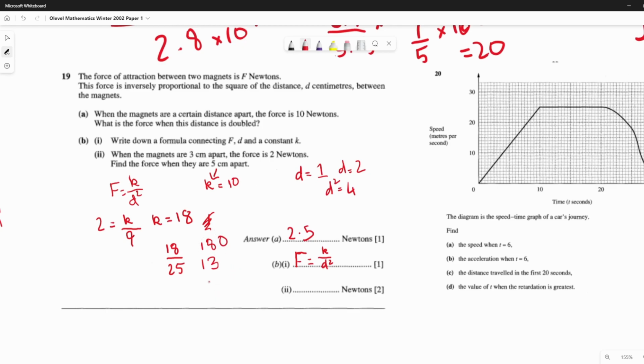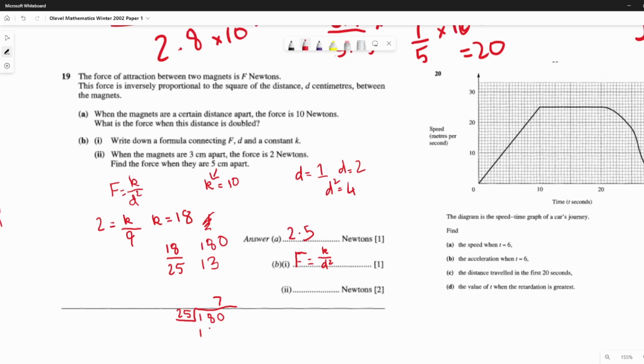Hold up, let me do this with long division so that it's easier to see. I am making some mistakes. 25 into 4 is 100. 25 into 6 is 150. 25 into 7 is 175.